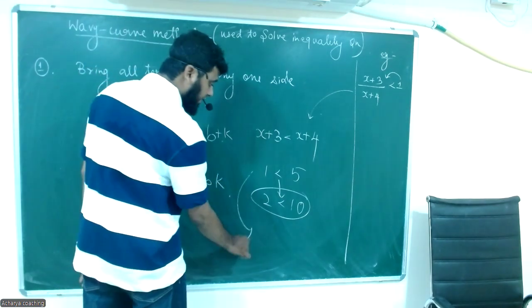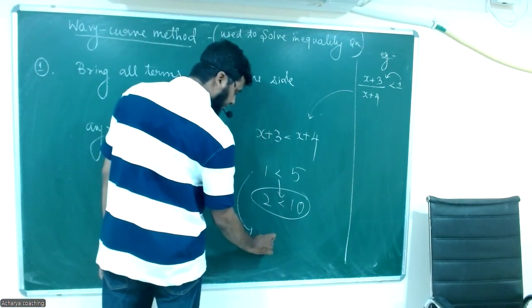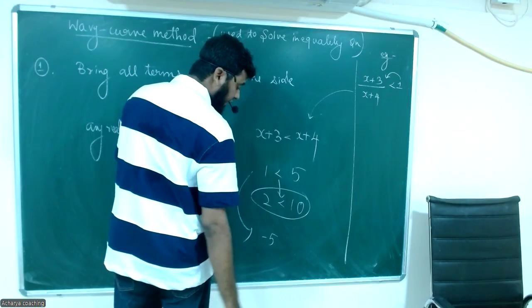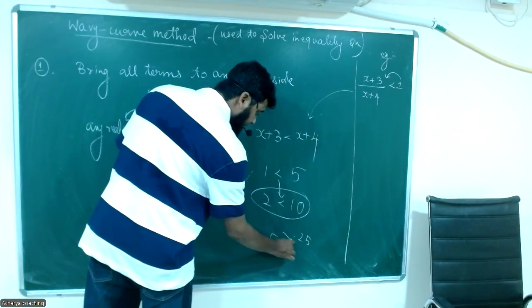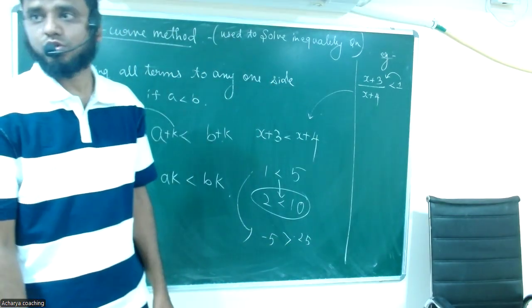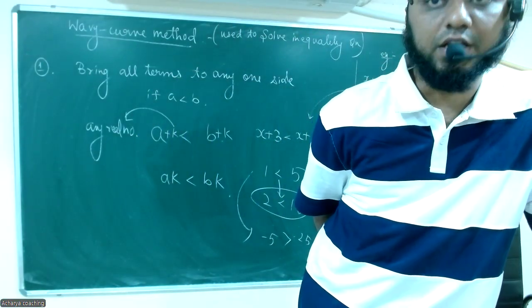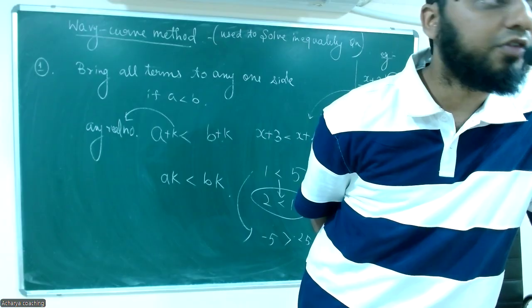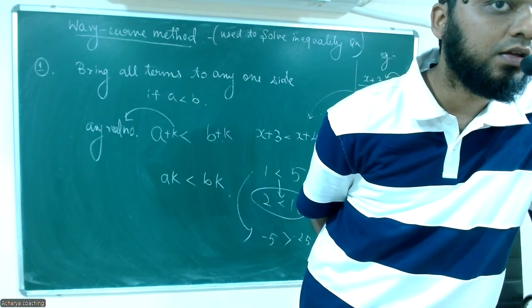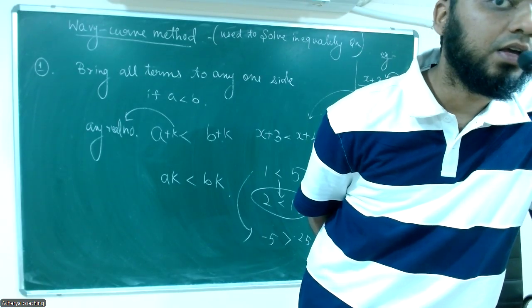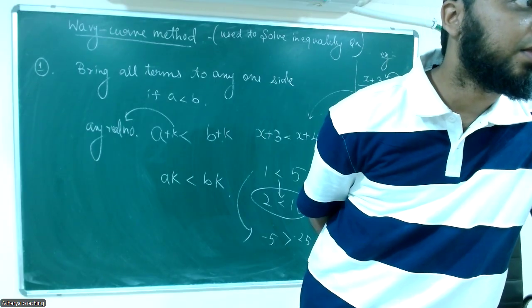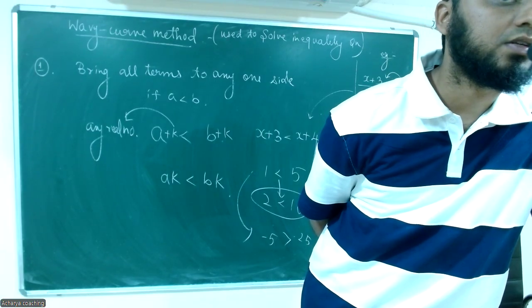If I multiply with minus 5, 1 into minus 5 is minus 5, 5 into minus 5 is minus 25. Minus 5 is larger than minus 25. So if I multiply with a negative number, the sign of inequality will be reversed. If you multiply by a positive number, the sign of inequality will remain the same. If you multiply by a negative number, the sign of inequality will be reversed.